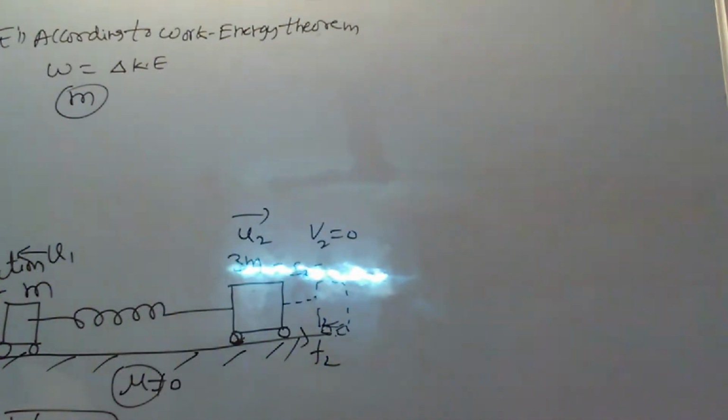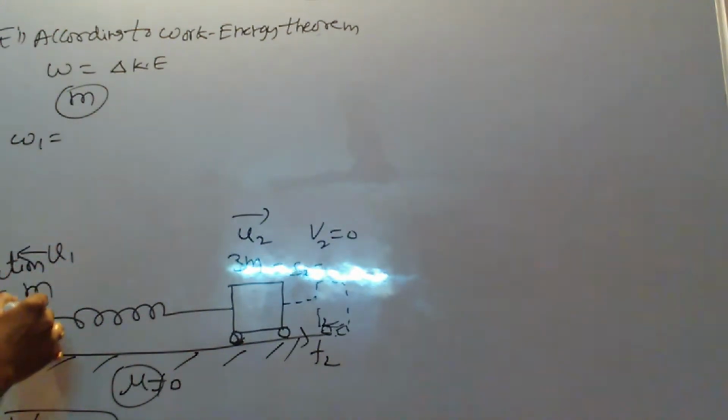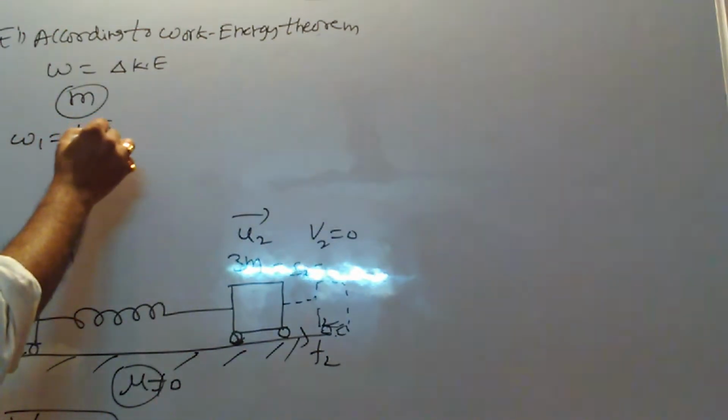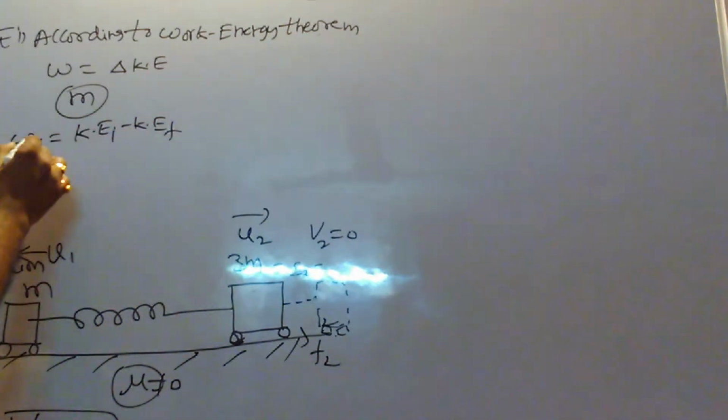Velocity and displacement are vectors, so they have directions. Now I am applying the work energy theorem to the first trolley. I take the work as W1. W1 equals the change in kinetic energy, which is initial kinetic energy minus final kinetic energy. The formula for work is force into displacement.